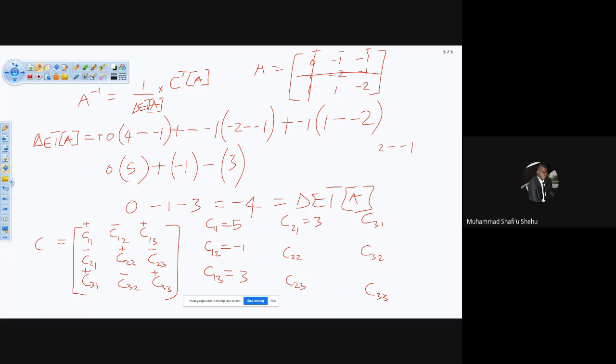And then we have cofactor 2, 2. Row 2, column 2. So we have 0 minus 1, which is 1.